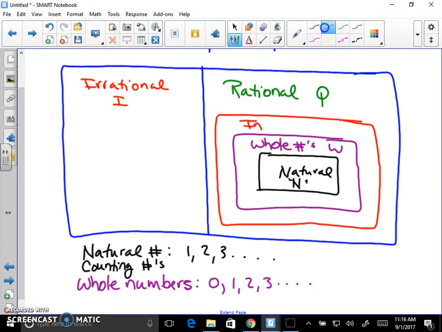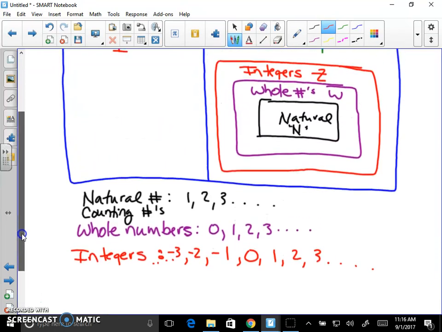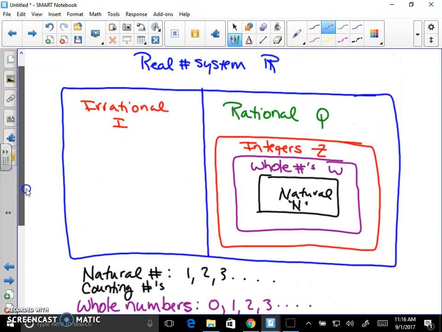Okay, integers, and that's represented by a Z. So when we talk about integers, the definition is the whole numbers and their opposites. Well, there isn't an opposite of 0, but there is an opposite of 1, which is -1. And then you have -2, -3, and so on. Okay? So we have natural numbers, whole numbers, integers, and rational numbers.